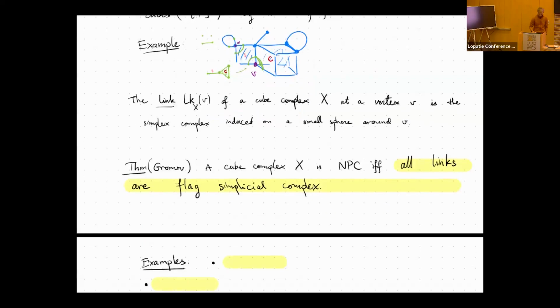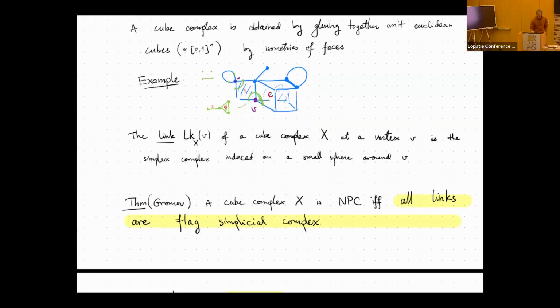Probably I should say what flag is. Flag means that whenever you see a clique, there is a simplex filling this clique. Every clique in the one-skeleton is the one-skeleton of a simplex.